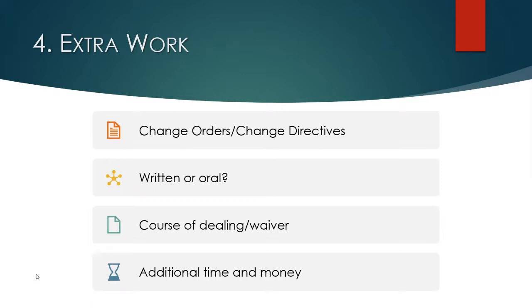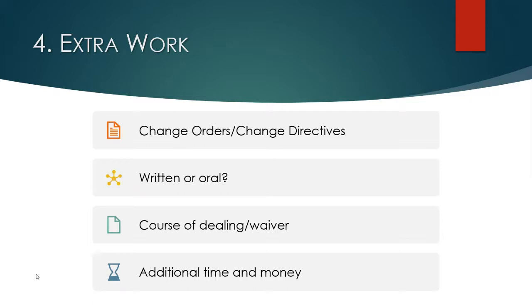A couple things to keep in mind about change orders. We want to make sure in looking at the subcontract that you understand who has the ability to sign them. A good subcontract will spell out who from the general contractor has the authority to sign them, and same thing for the subcontractor, so there isn't an argument that so-and-so didn't have the authority to agree to that extra work.